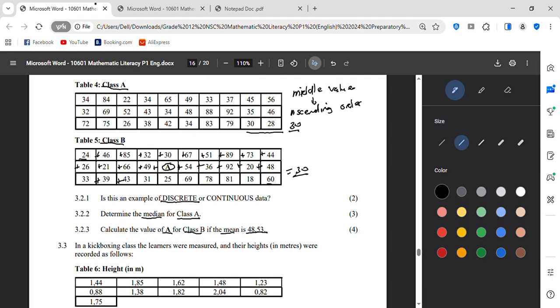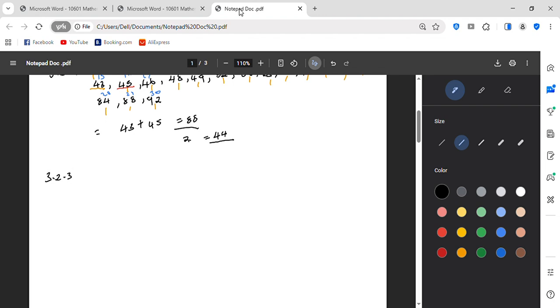We add all the figures. After I've added all the figures, I am getting 1430. So I'm going to say here it is equal to 1430 plus the A that is still missing.